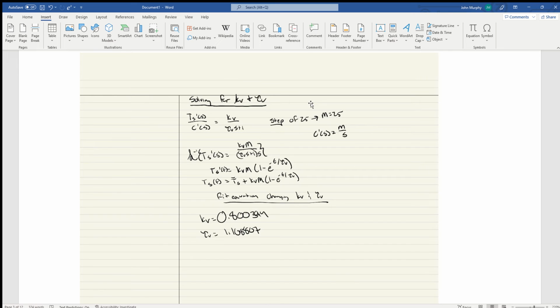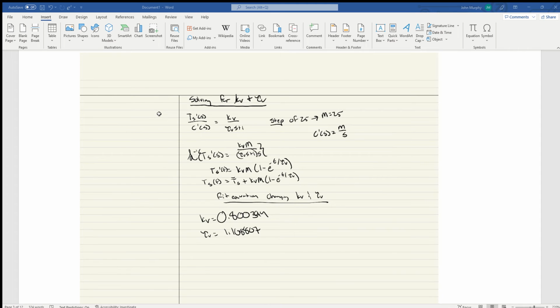That allows me to find the final equation of Ts(t) equals Ts bar plus KvM(1 minus e to the negative t over tau v). Plugging that into our Excel spreadsheet, this is something completely different right now. This is post change right here. But if we look at the steam alone, it shouldn't have changed at all.